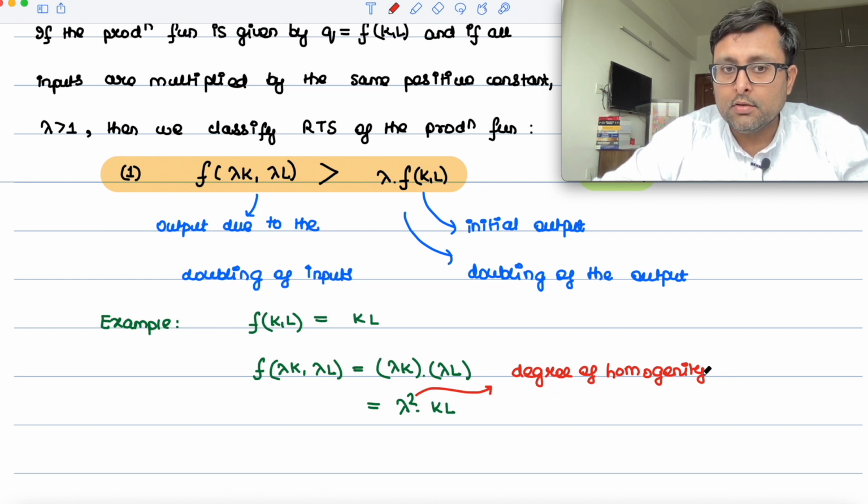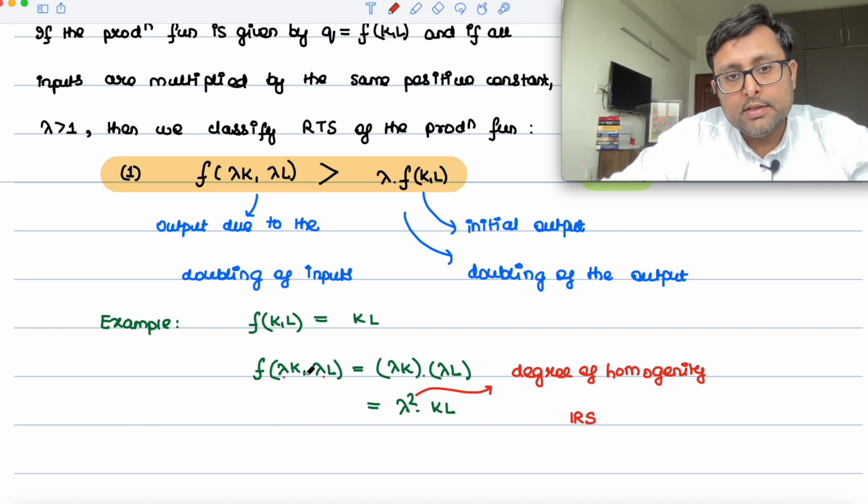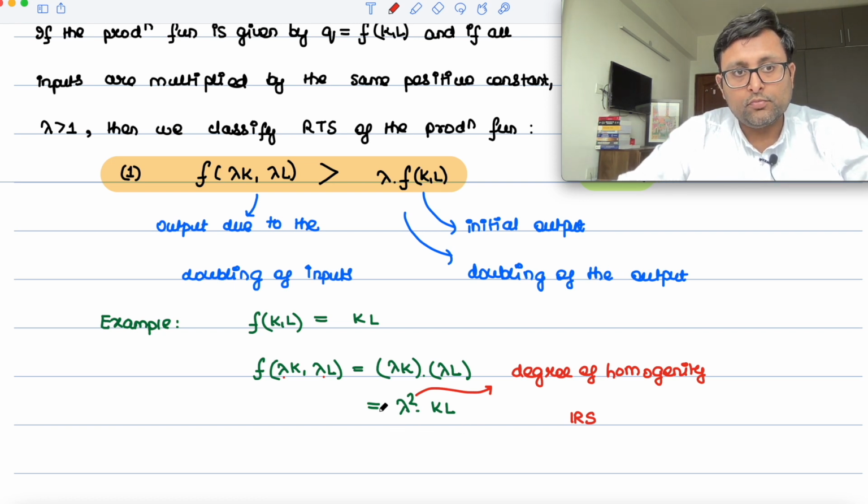So if it is greater than 1, this is the case of increasing returns to scale. In this case, let's say if it was alpha and beta, this would have been alpha plus beta. So if alpha plus beta is greater than 1, this is the case of increasing returns to scale. You have increased the inputs by lambda, but your output has increased by more than lambda, right?